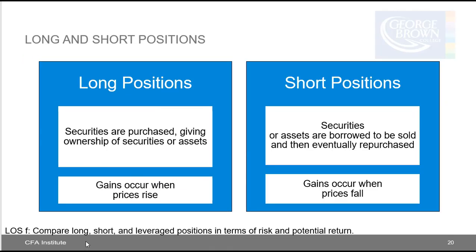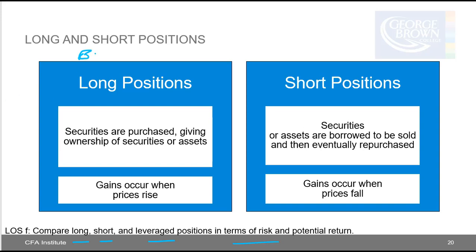Learning outcome statement F is compare long, short, and leveraged positions in terms of risk and potential return. Investors are said to have long positions when they own assets or securities. Examples of long positions include ownership of stocks, bonds, currencies, commodities, or real assets. Long positions increase in value when prices rise.